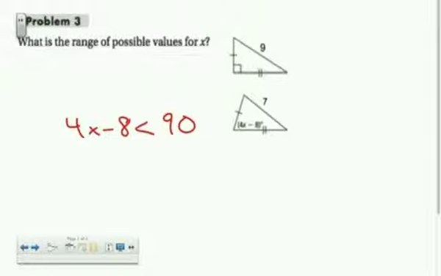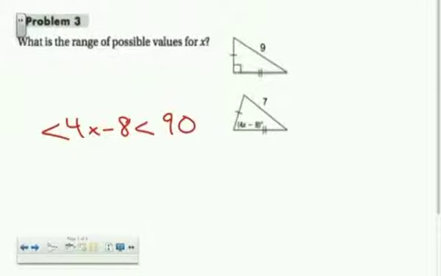However, notice that the instructions are asking us for a range of possible values. Just like in yesterday's notes where we had x in the middle of a compound inequality, we're going to have x in the middle of a compound inequality here, which means I need something on the other side of this inequality sign. What, ladies and gentlemen, is on the other side of this inequality sign here?